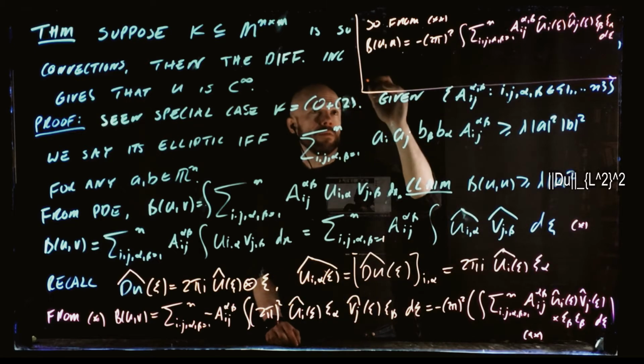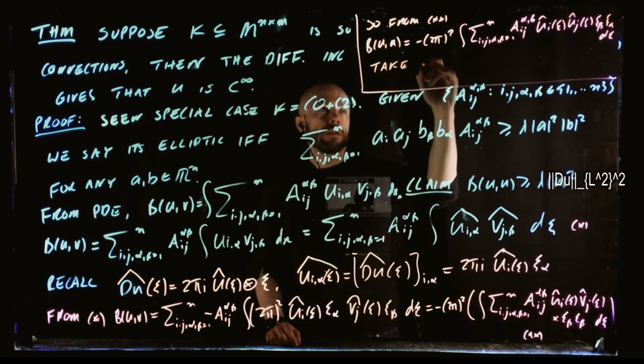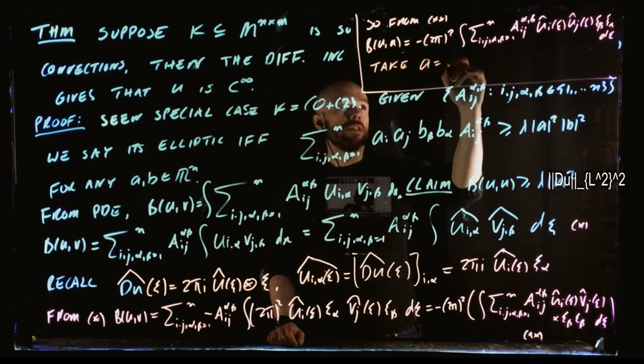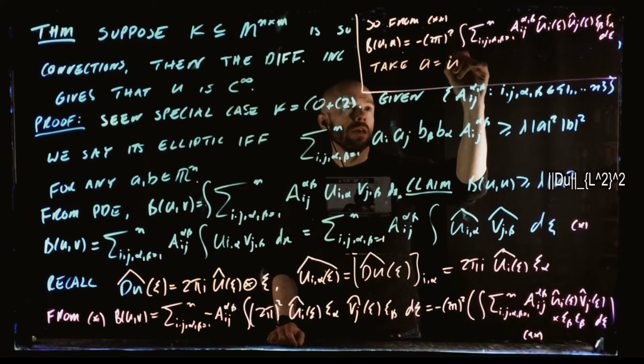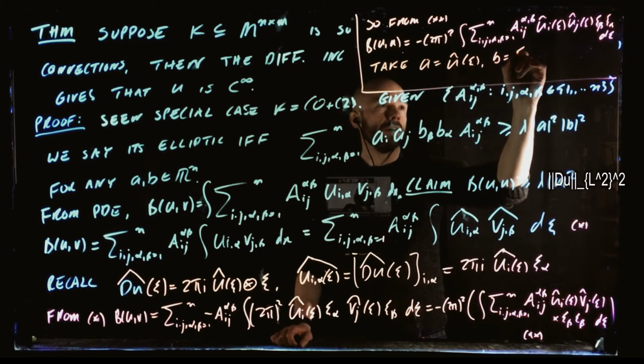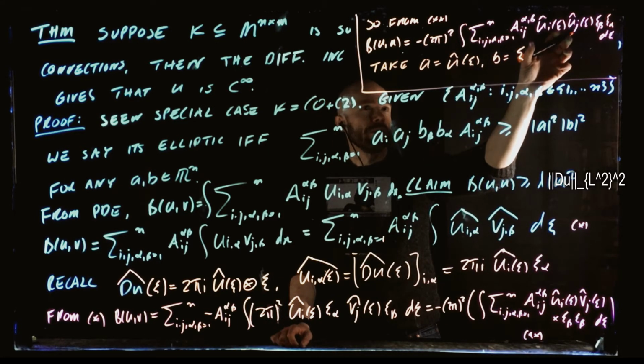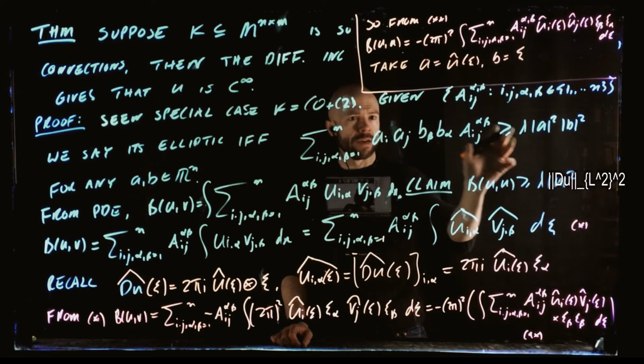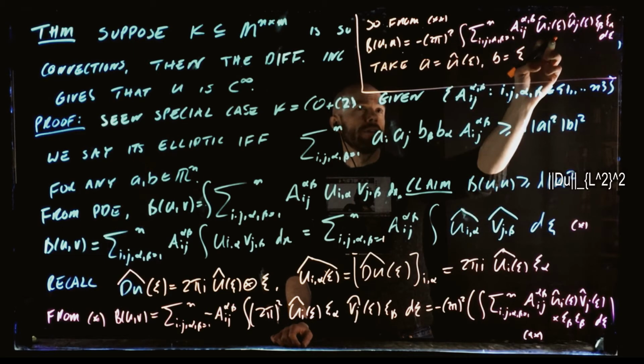And then we take A to be this guy here, and we take B to be this guy here, and we're directly in a position to apply this lower bound right here onto this thing, right?